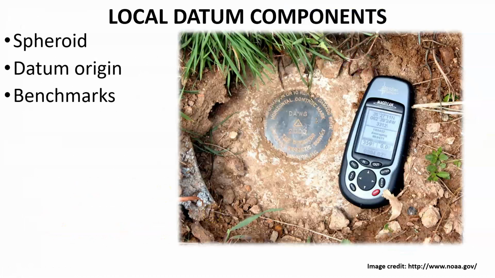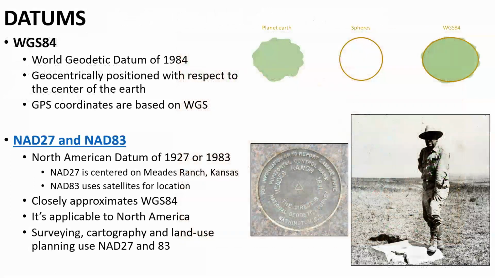Local datums have several components. The first is the spheroid, then a datum origin, and benchmarks to identify those locations on the Earth. So again, the North American Datum of 1927, and the one of 1983. The NAD 27 origin is centered on Meads Ranch, Kansas.